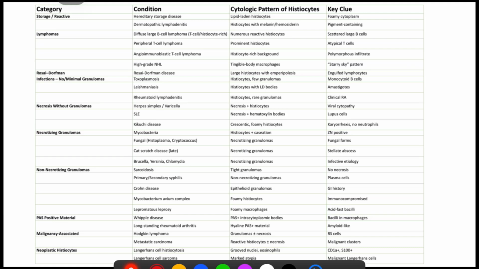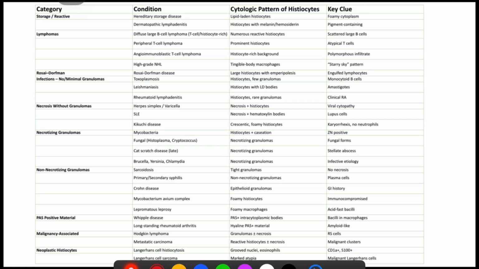So this table shows cytological patterns of histiocytes in different types of diseases and conditions, and these are the clues given here for identification and for the diagnosis of different diseases.